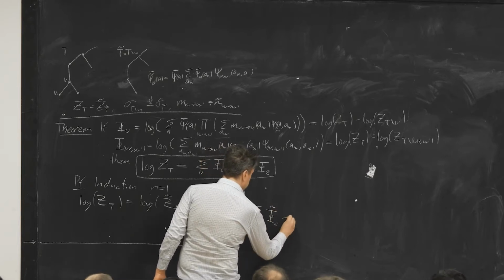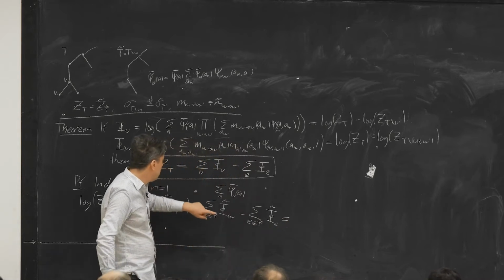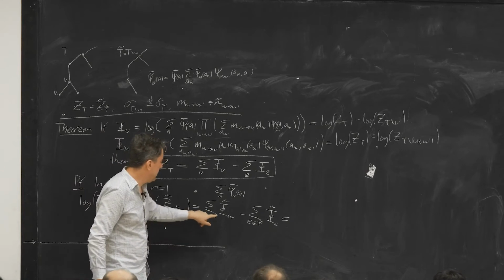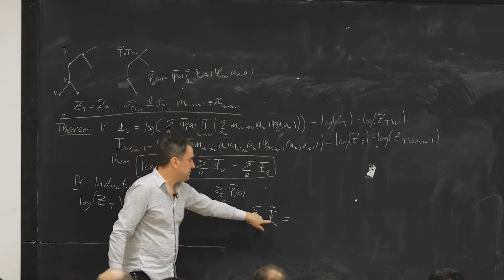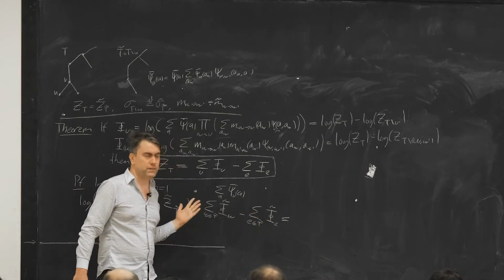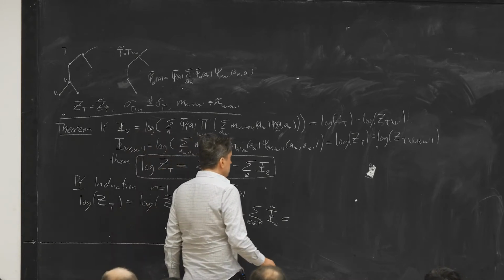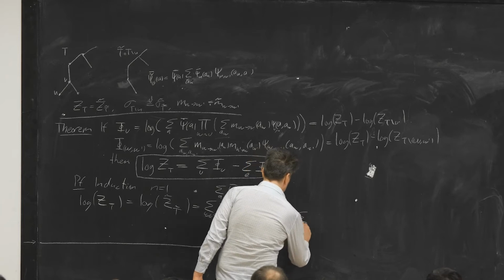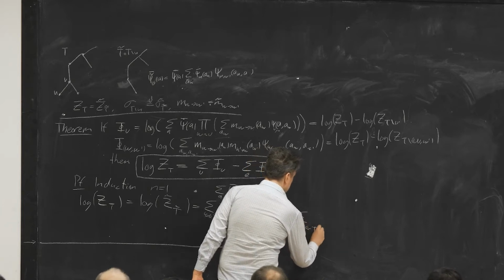Okay, but I said that because they have the same joint distribution, all of the phi tildes are the same as the phi's. So this is w in T.